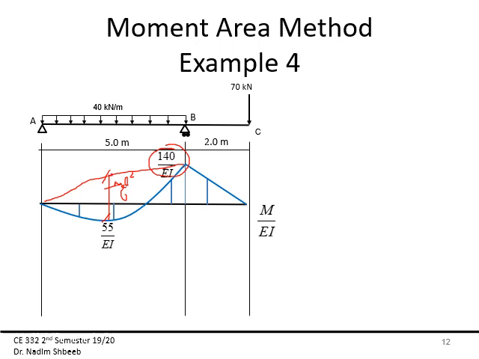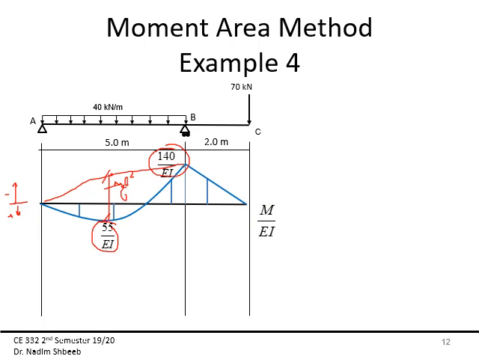This value here is minus 70. Again, I'm drawing the negative up and positive down, tension side. So this is going to give me 55 over EI. So what you've noticed, I've completed this triangle, and then I took from it the WL squared over 8.